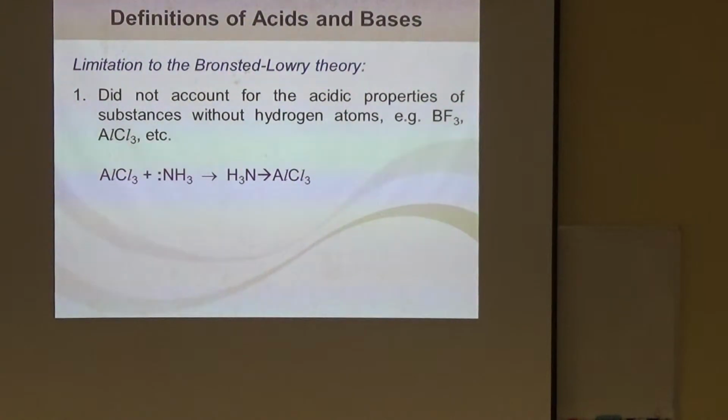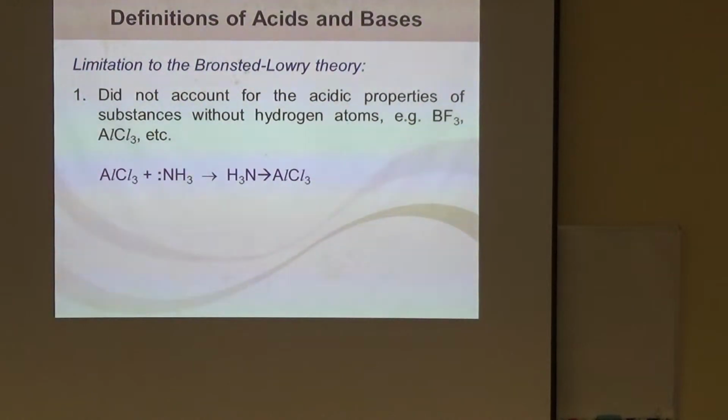Okay. So, as usual, there are limitations. That's why we have another theory. So, Bronsted theory, there are certain things that don't contain any hydrogen, but yet have properties that are acidic. So, for example, aluminum chloride and boron trifluoride, which you would have come across in chemical bonding.